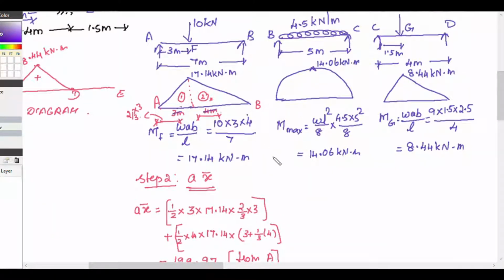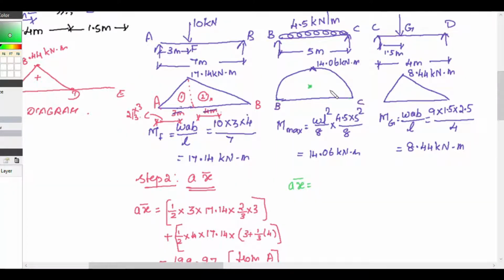Now we will find A into X bar for BC. So this is B and this is C. For BC, A into X bar remains the same because here the centroid lies at the center. So from B and from C, we will get the same value.